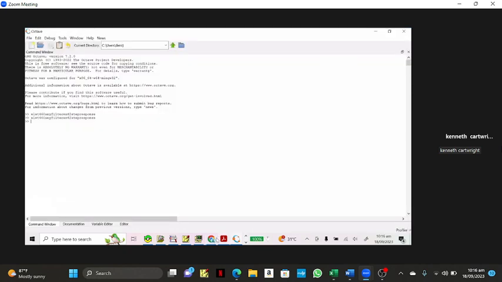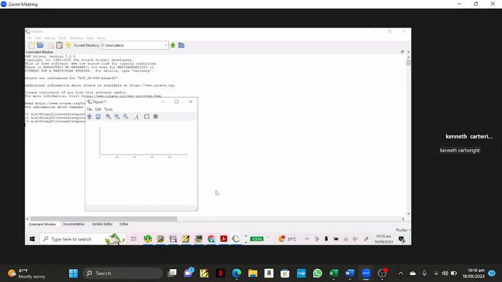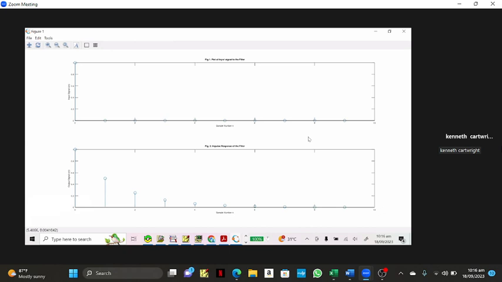What happened to my bigger plot? Try that again. Okay. They're expanded. There you see my top plot. See, two rows, one column. The top graph is my input.